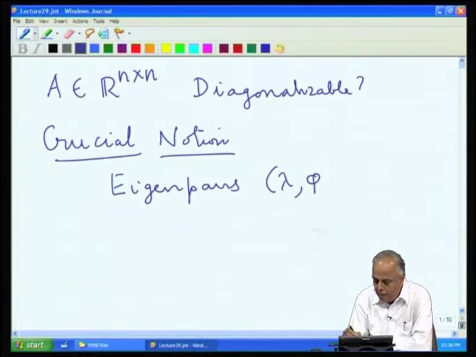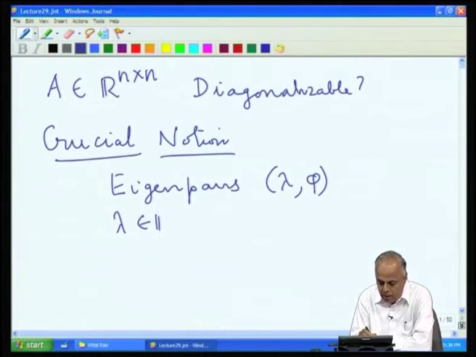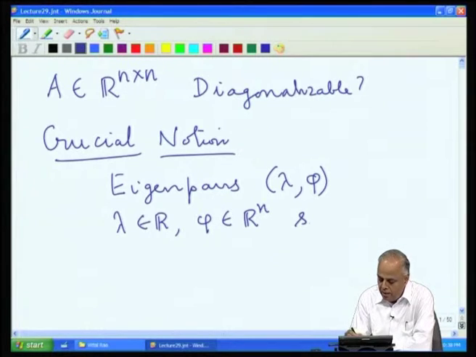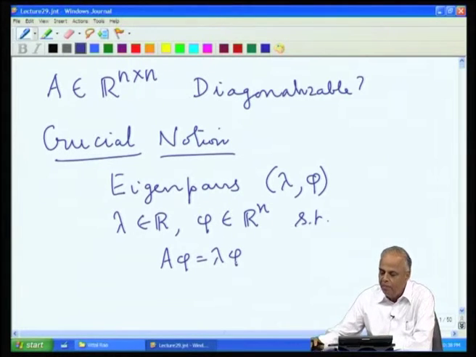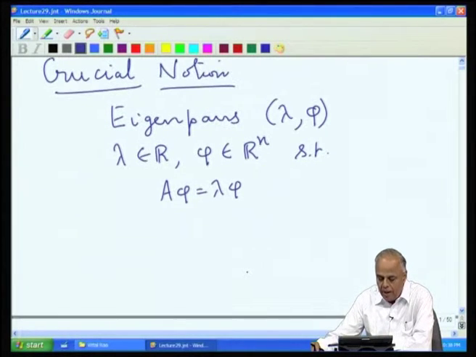When we say eigenpair lambda phi, lambda is a real number and phi is a vector which has n components, such that A phi equal to lambda phi. Then we say lambda phi is an eigenpair.